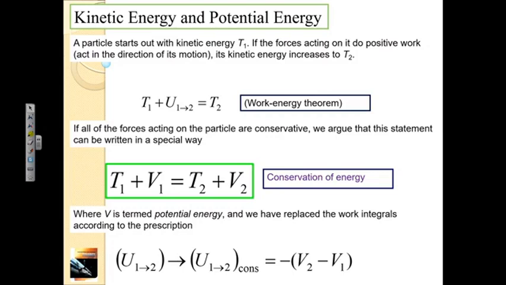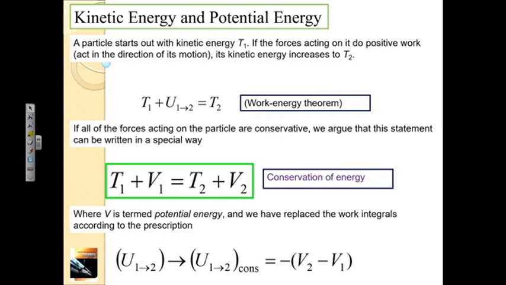In this case, we could write our state equation again: kinetic energy at state 1 plus, this is where I've got to be a little more careful with my notation, I'm going to try to draw a big V for potential energy at state 1, plus work, which we're going to say is 0 for this case when we have conserved energy, is equal to our kinetic energy at state 2 plus our potential energy at state 2.